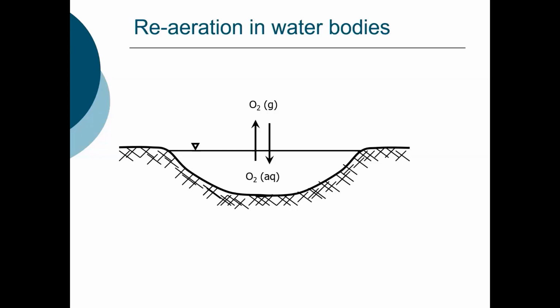And we've talked about this previously, but if you can imagine, the more rapidly moving the stream, the more turbulent the stream, the greater the rate of reaeration. So if you think about the Red Cedar, it's going to have much more reaeration in the area around the rapids by the admin building versus an area of the stream that is much more slow moving.